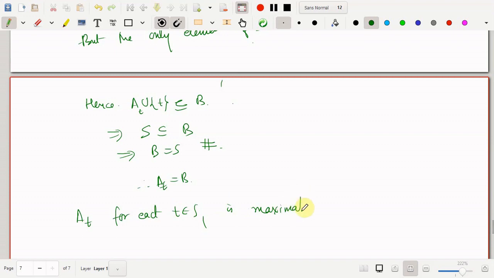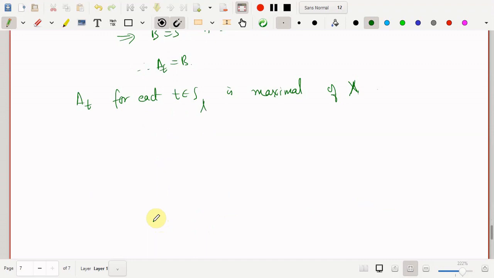I won't say that it is the maximal, because it need not be unique, as you can see in this example, maximal elements of X. And in a similar way, one can prove that all the singleton sets {T}, for each T belonging to S, are minimal elements of X. You need to do a little work over here to prove that it is minimal.